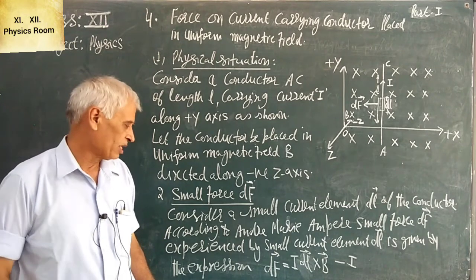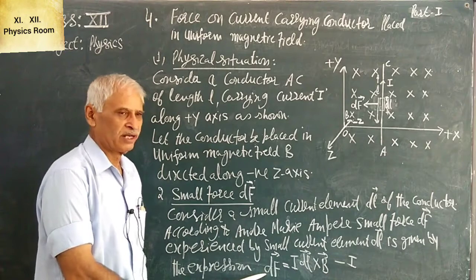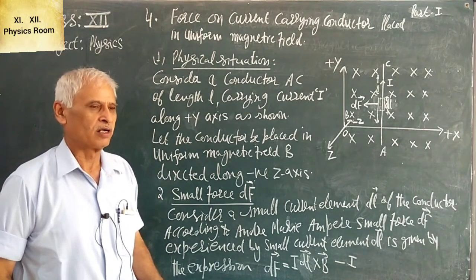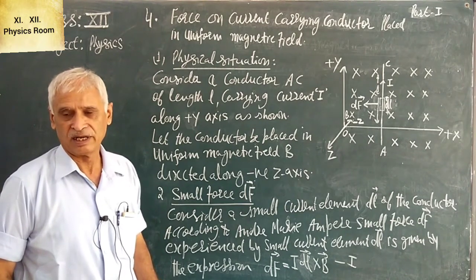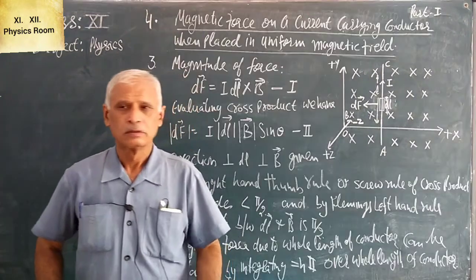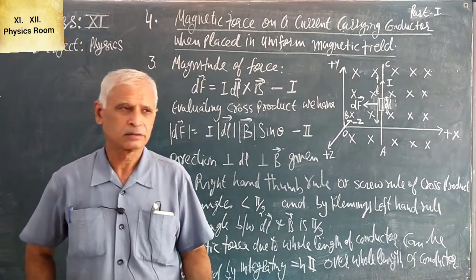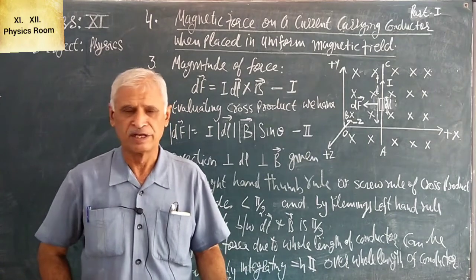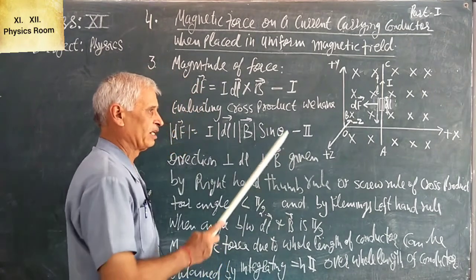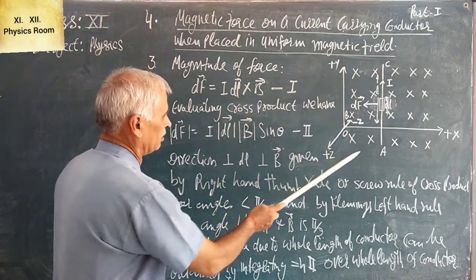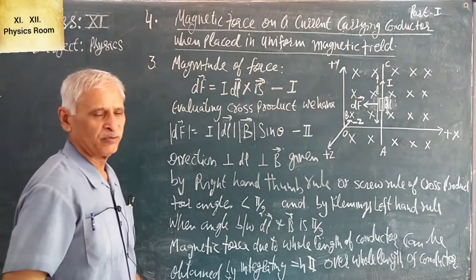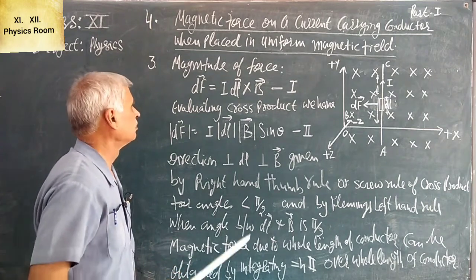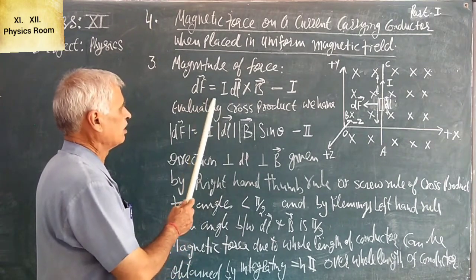Let us see how we can find the magnitude of the small force dF on the small current element dl of the conductor. Let us evaluate the magnitude and direction of the magnetic force experienced by the current carrying conductor when placed in a uniform magnetic field. Now consider equation 1.